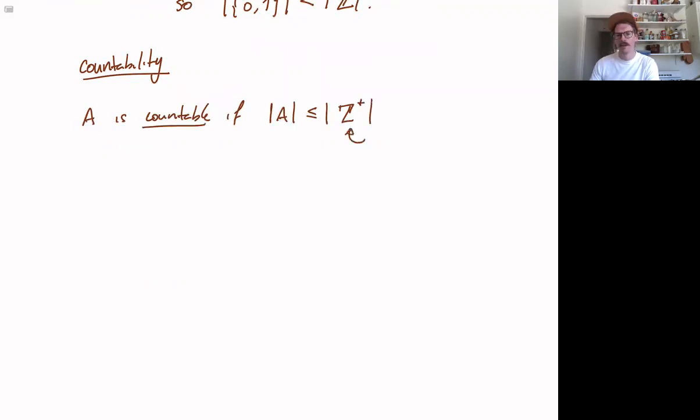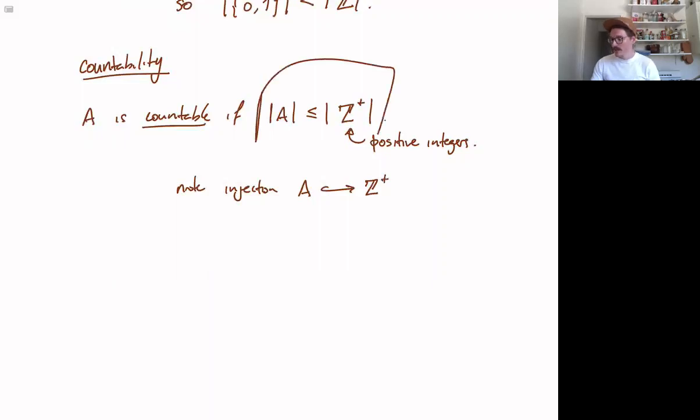I don't know if I've used this little upper plus notation before, but this just means positive integers. And let's think about this name for a second. Why are we calling this countable? You can think of an injection from A to the positive integers, which is what this means, remember?